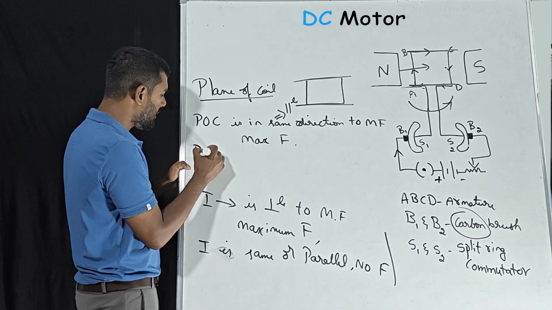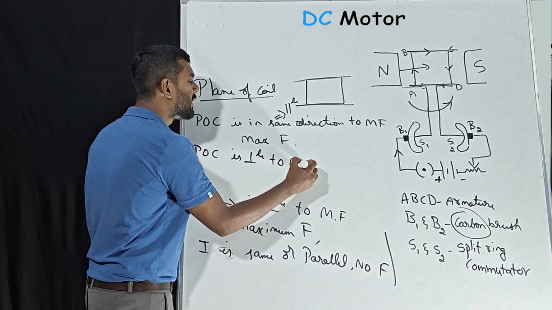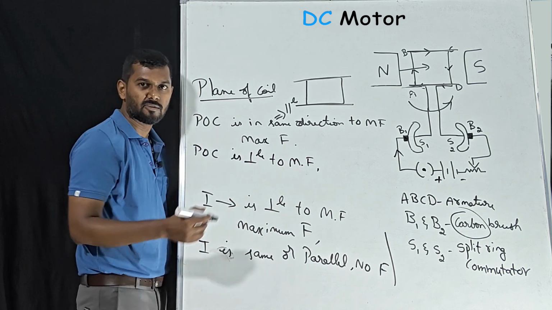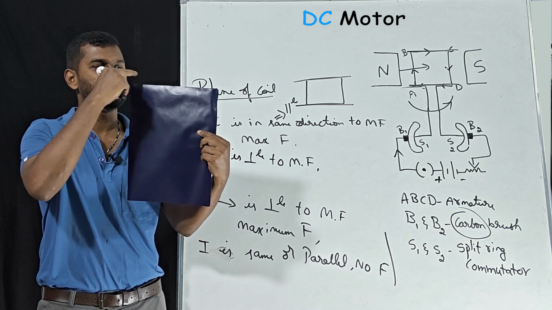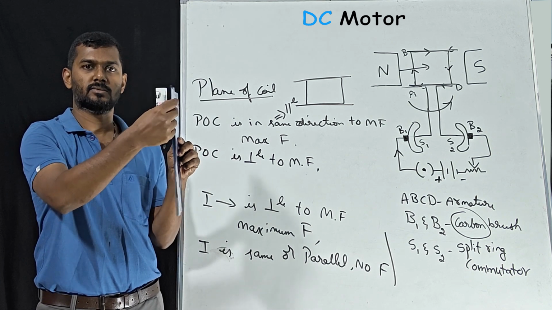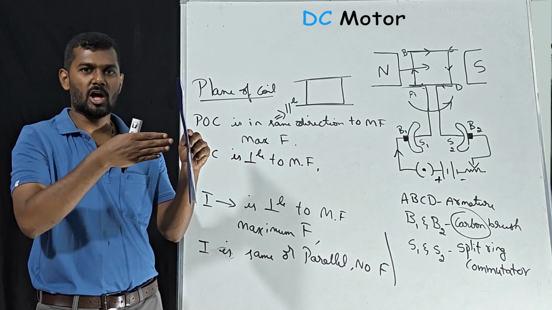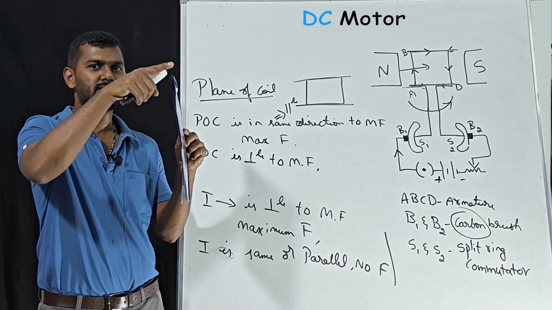Now, when the plane of coil is perpendicular to the magnetic field, okay? So now see, it is like this, this is the plane of coil, correct? The magnetic field, north side is this side, the magnetic field is like this, the plane of coil is like this.